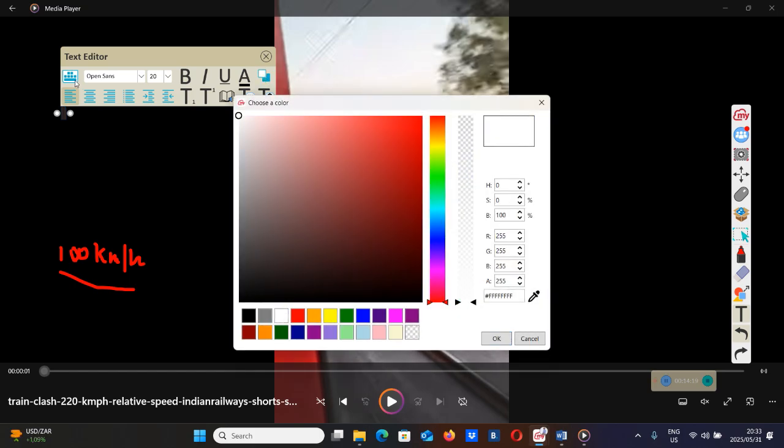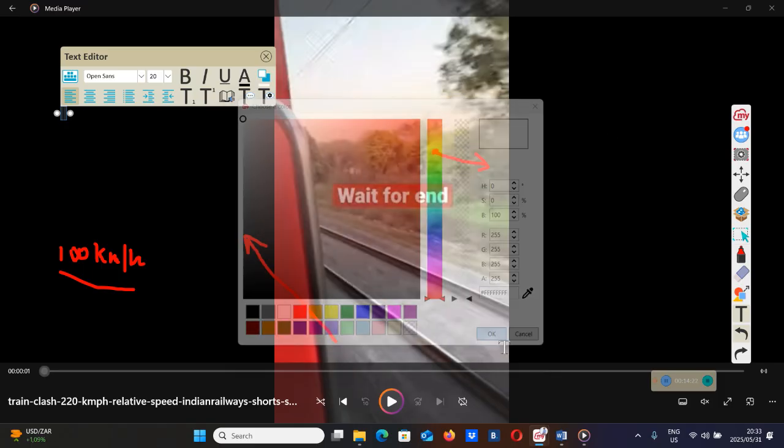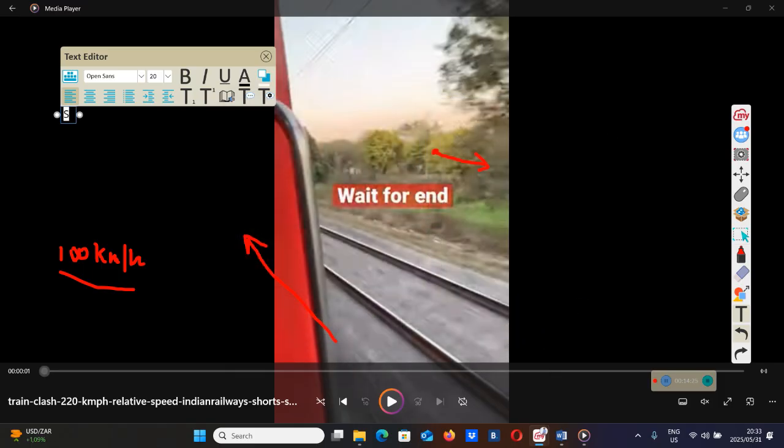Let me use white. I'm saying opposite direction. You add the speeds to find the relative velocity.